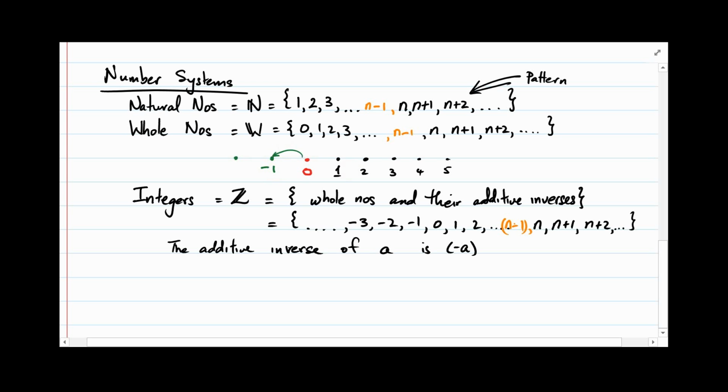Likewise, the additive inverse of 2 would be -2, and so forth. Okay. So we end up now getting a number system that is a bit like doing this leapfrog, but in either direction from the 0.